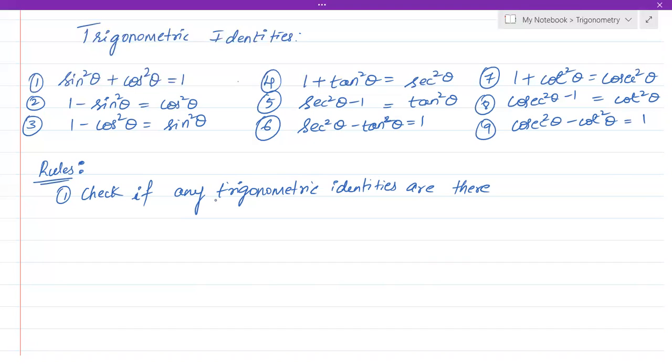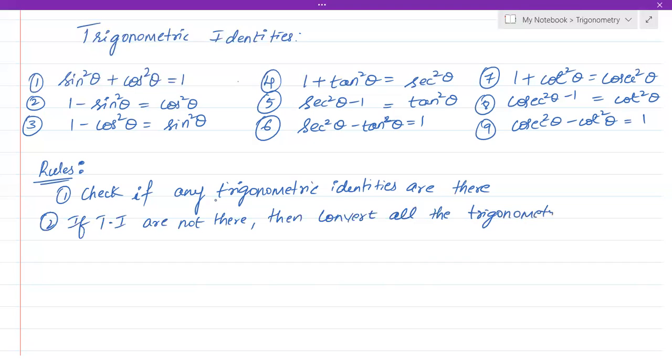If trigonometric identities are not there, then convert all the trigonometric ratios in terms of sine theta and cos theta.